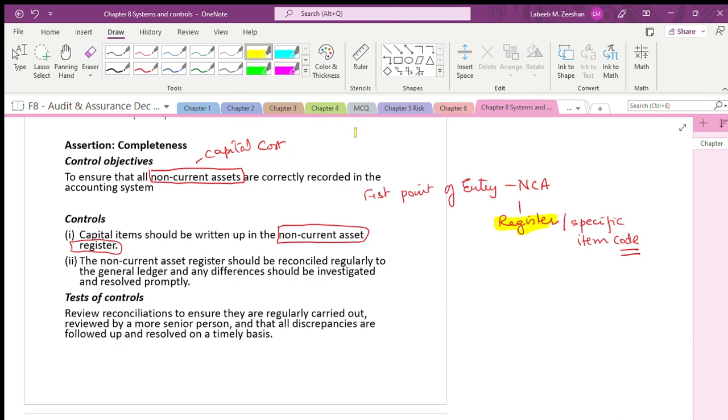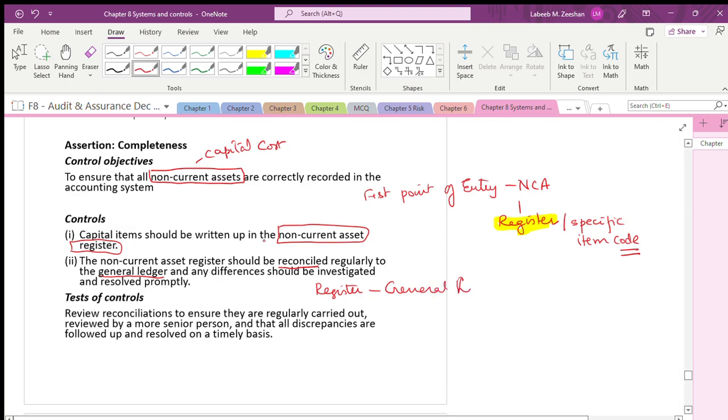That is the reason capital items should be written up in the non-current register, and the register should be reconciled with the general ledger. Whatever is in the register has to be reflected in the general ledger, and if any differences are there, they should be investigated.